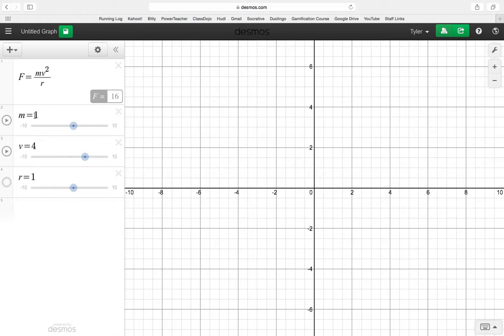So remember that when I was changing mass, it was just going up by 1 every time. But now when I'm changing velocity, it's going up by a bigger and bigger amount every time I increase. So when I get this all the way up to something like 8, now my force is huge. So even though I didn't change velocity a lot, it's changing the force a ton.